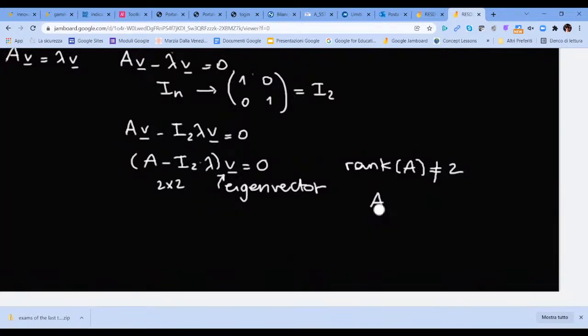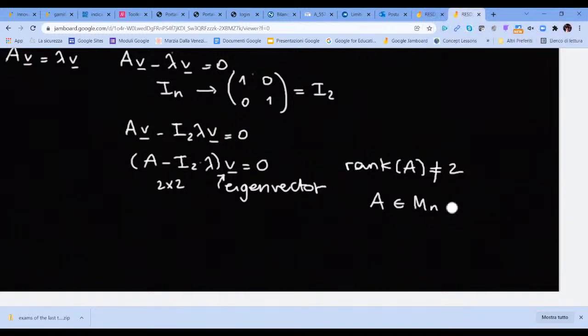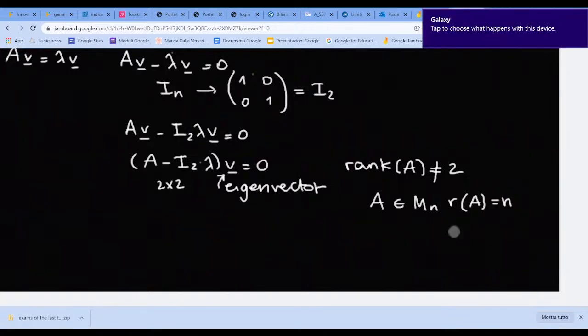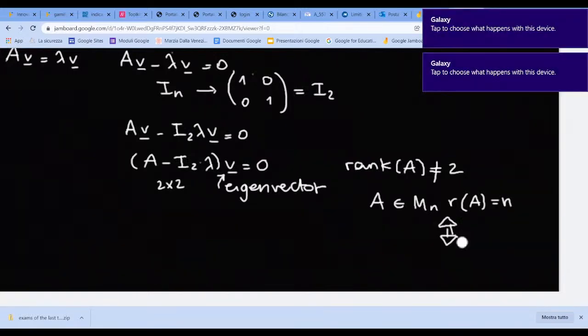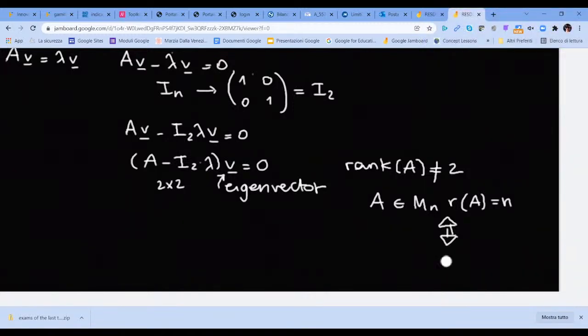And if we have some square matrix, and we know that the rank is maximal, so the same as the order, this holds if and only if the determinant of the matrix is different from 0.